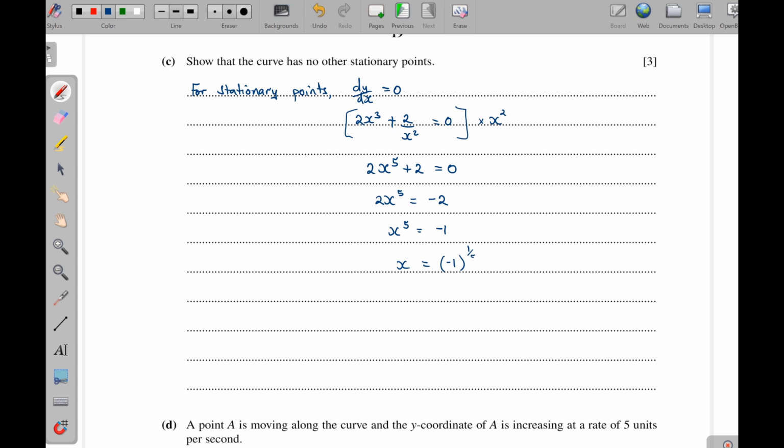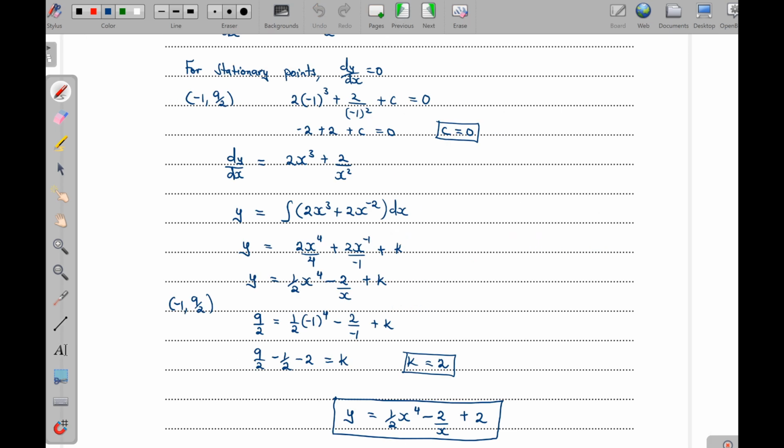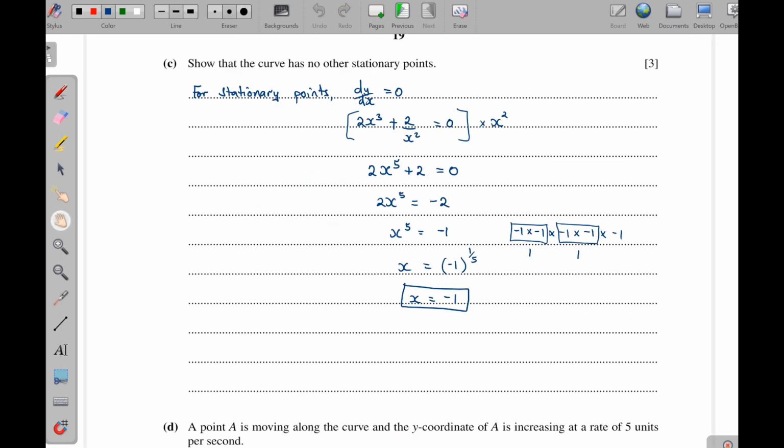So if you get negative 1 times negative 1 times negative 1 times negative 1 times negative 1, 5 times, this one here gives you a 1. This one here gives you a 1. So again, times negative 1. So your answer here becomes x is equal to negative 1. So this is the only answer we are getting. That means this curve has only one stationary point, which is this one here. Okay? And that is that.